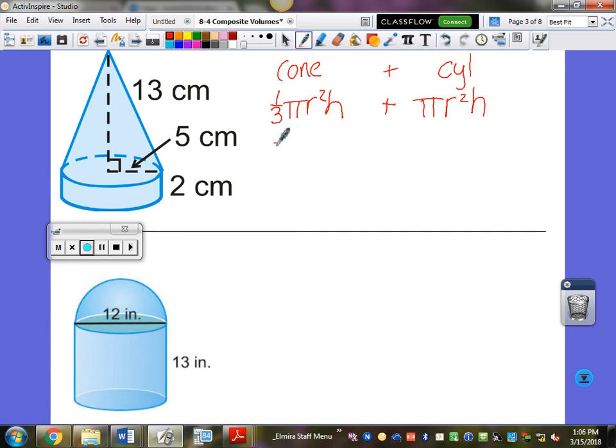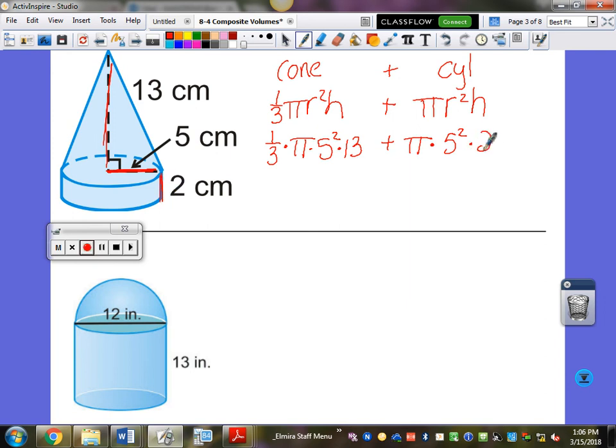Okay, so for my cone, I sub in here, pi, my radius is 5, and my height is 13. Okay, for the cylinder, it's the same exact radius, 5 squared, and the cylinder height is 2.